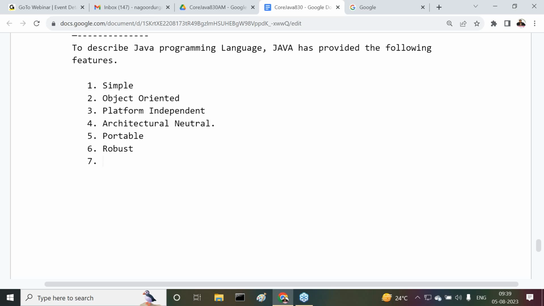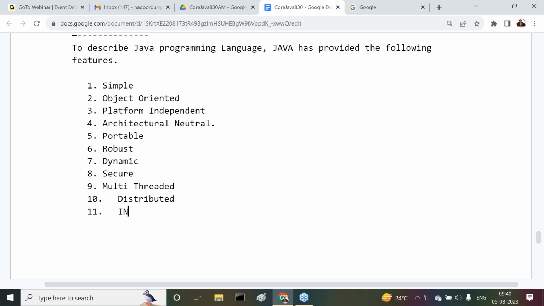Next one is Java is a dynamic programming language. Java is a secure programming language. Java is a multi-threaded programming language. Before that, Java is a distributed programming language.